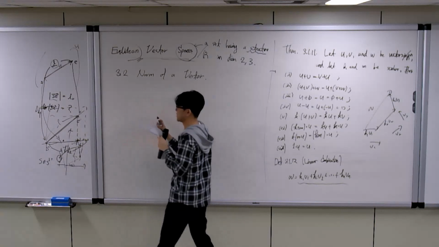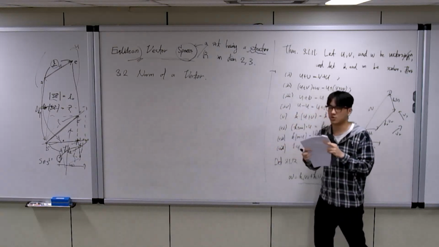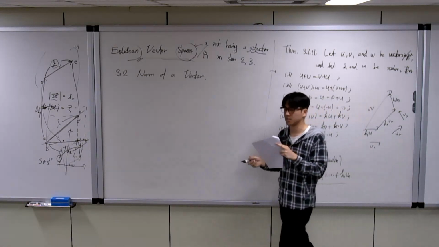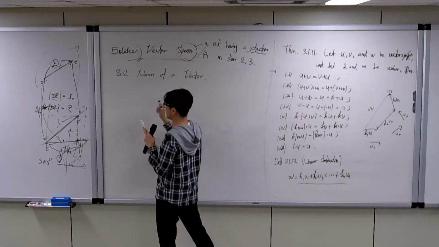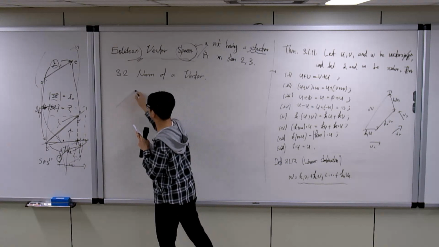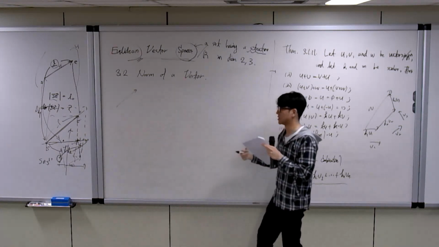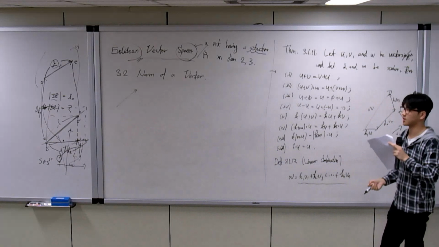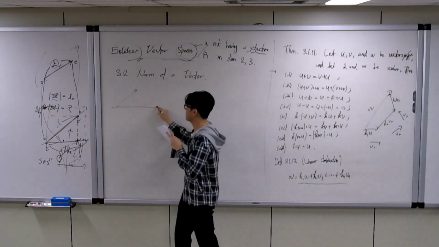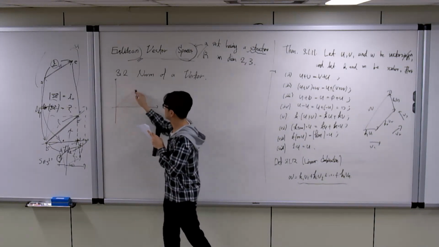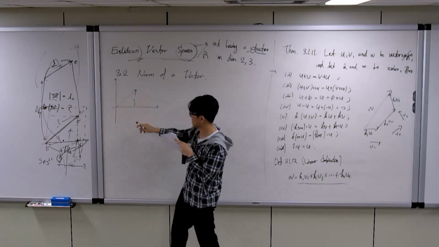And so we will start in two-dimensional or three-dimensional vector space again. We use the vector's length when we get the norm of the vectors. We use the Pythagoras rule.